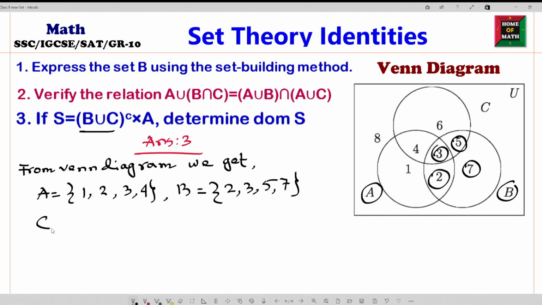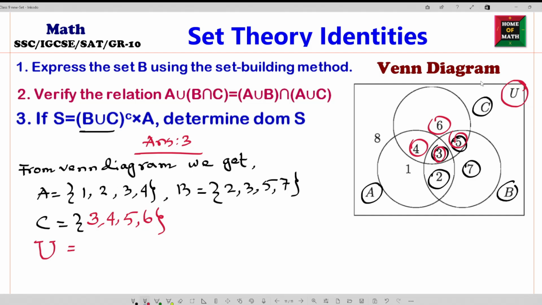And C is 3, 4, 5, 6. And another thing we have to write is the universal set. The universal set includes all these elements, so we can write 1, 2, 3, 4, 5, 6, 7, 8, right?